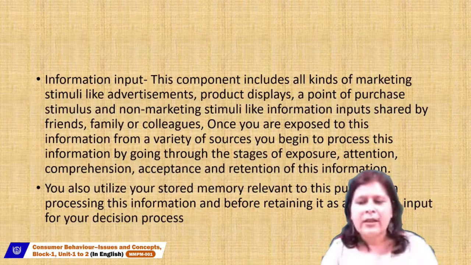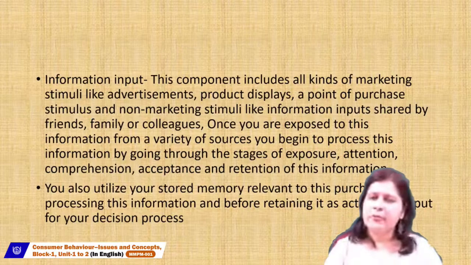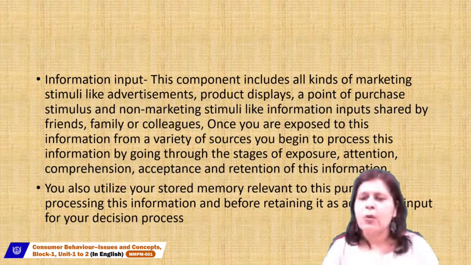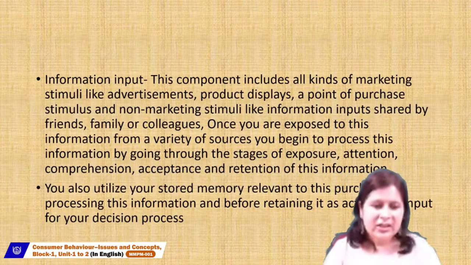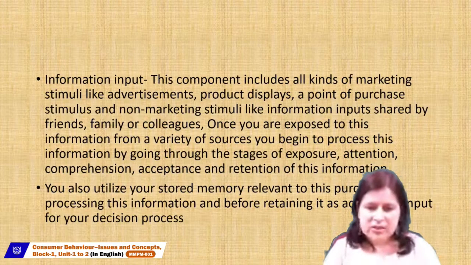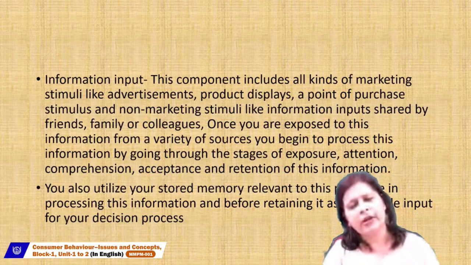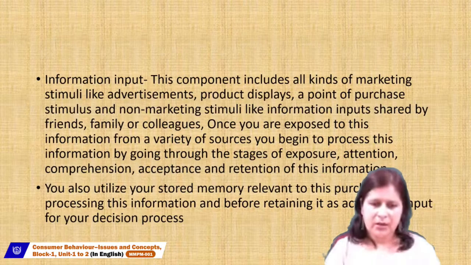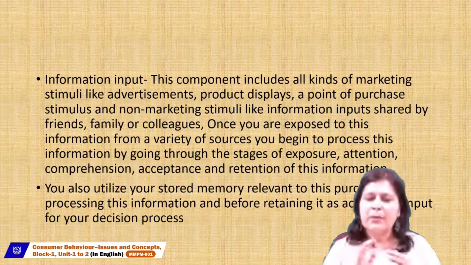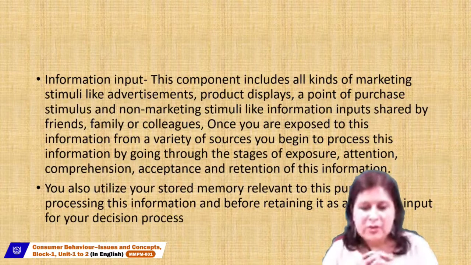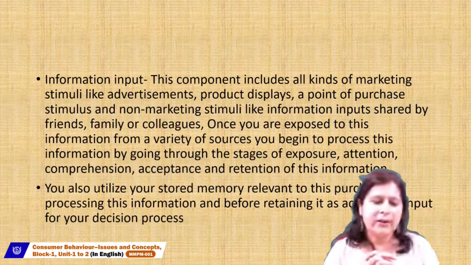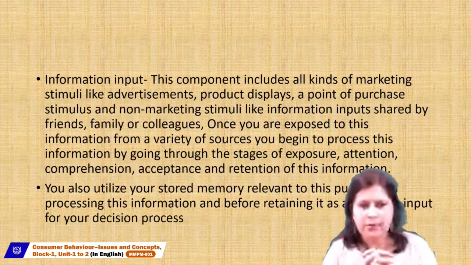Once one is exposed to this information from a variety of sources, one begins to process this information by going through the stages of exposure, attention, comprehension, acceptance, and retention of the information. Right. So one also utilizes the stored memory relevant for this purchase and processes this information before retaining it as actionable information for the decision process.